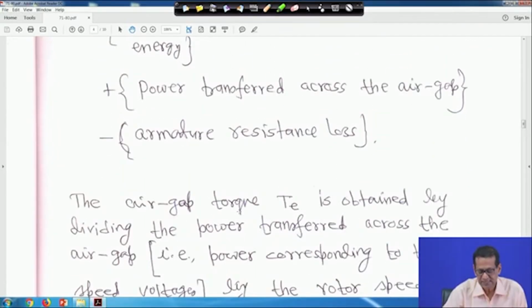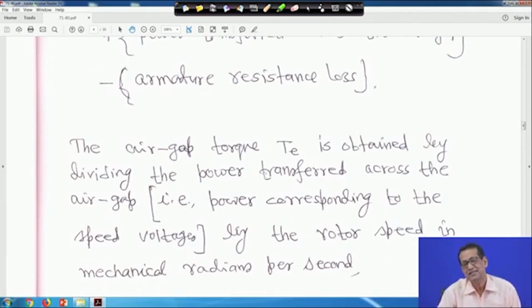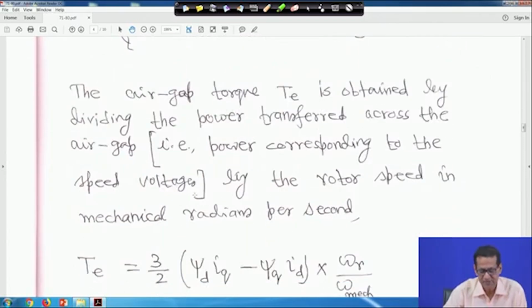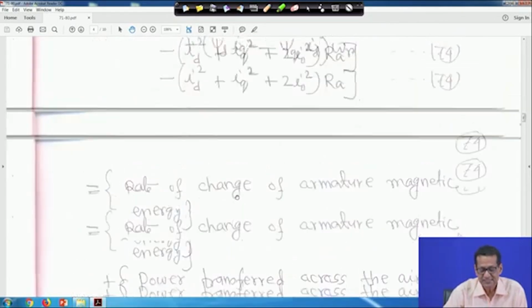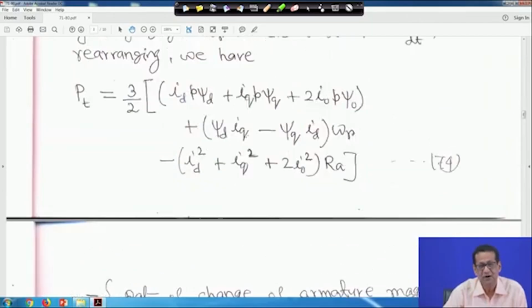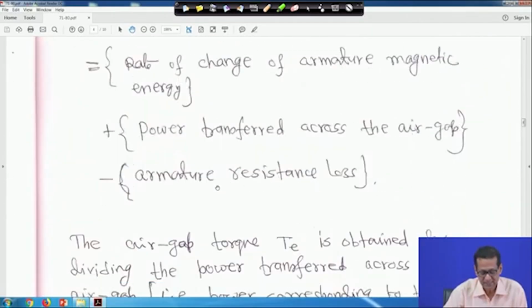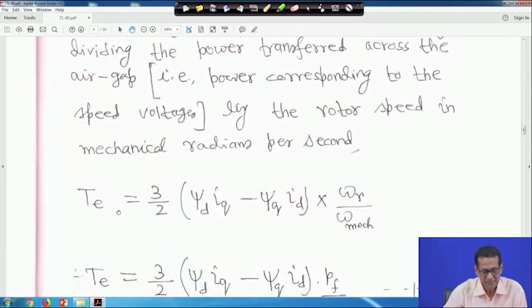Now, therefore, the air gap torque: we know that in general power is equal to torque into angular speed. Therefore, the air gap torque Te is obtained by dividing the power transferred across the air gap, that is the power corresponding to the speed voltages, that means the second term, by the mechanical speed. So Te is equal to 3/2 (psi d Iq minus psi q Id) into omega r upon omega mechanical, because power is torque into speed.